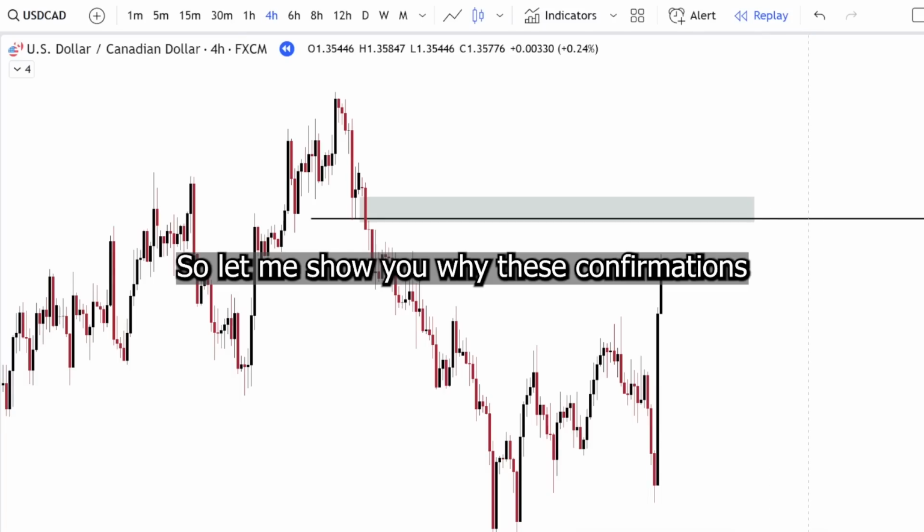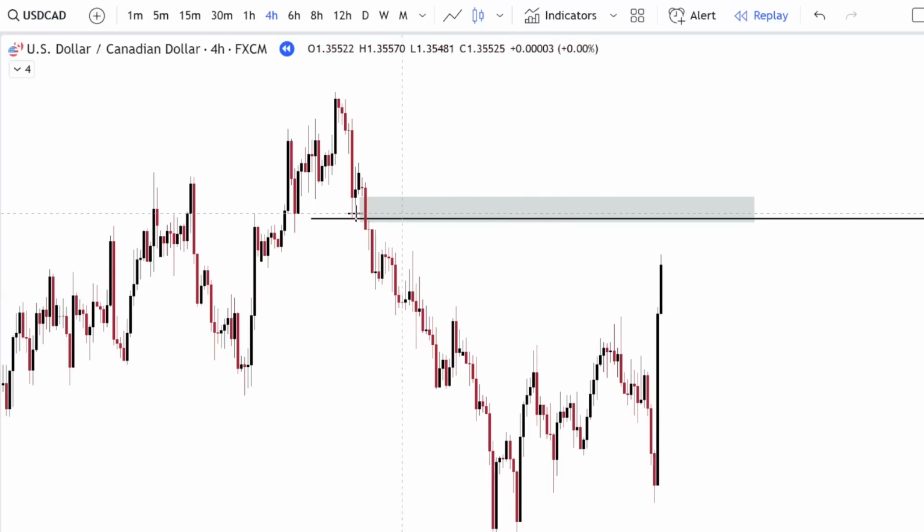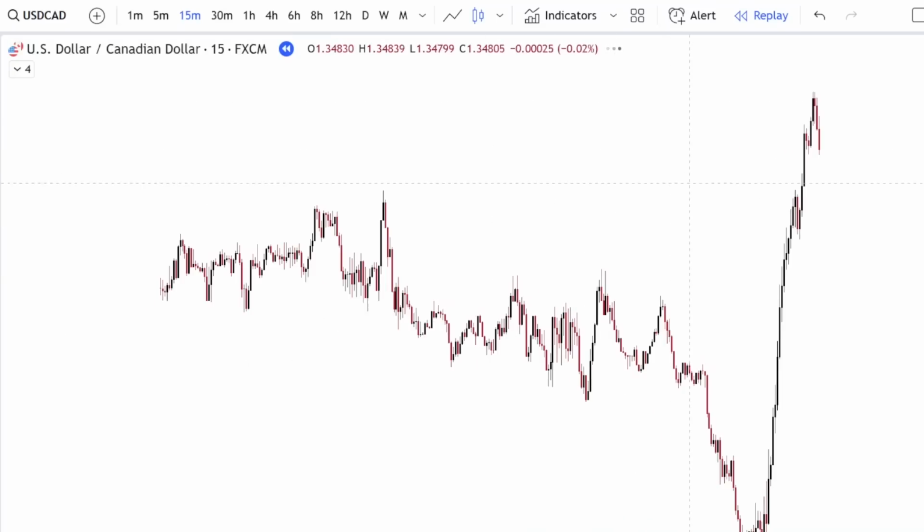So let me show you why these confirmations not only help us enter the correct trades, they also protect us from bad trades. Here we have our overlap fair value gap. Let's go into lower time frames.